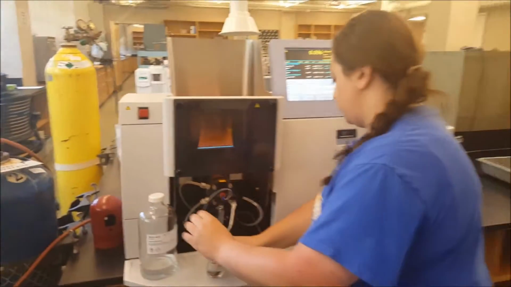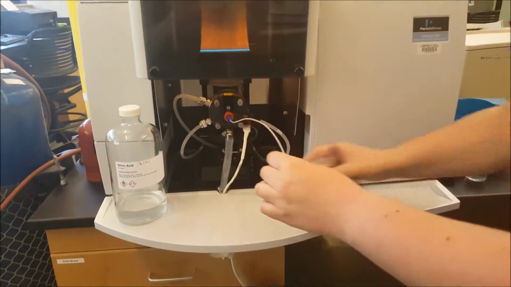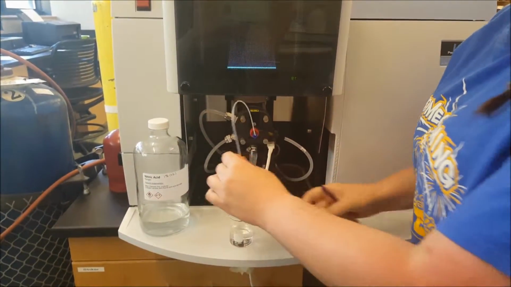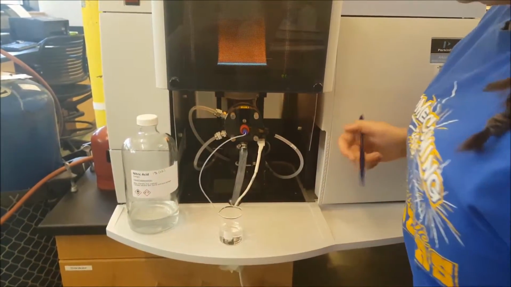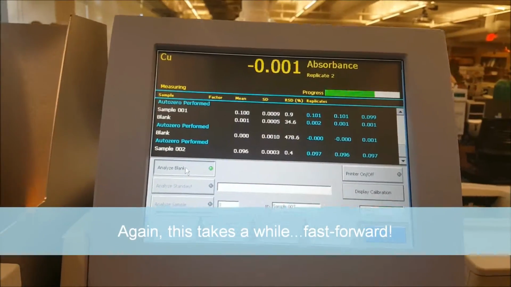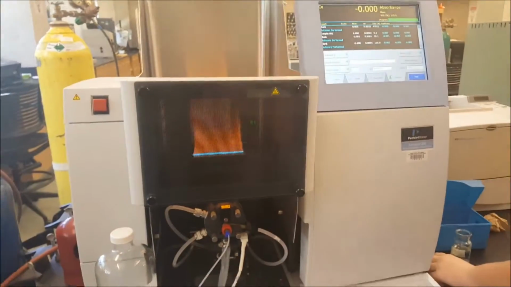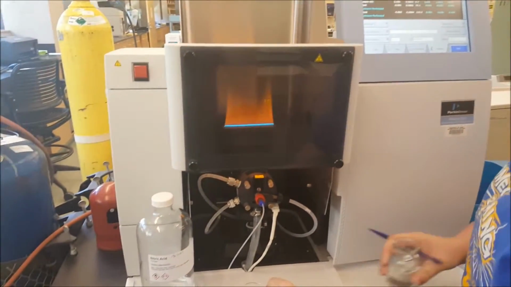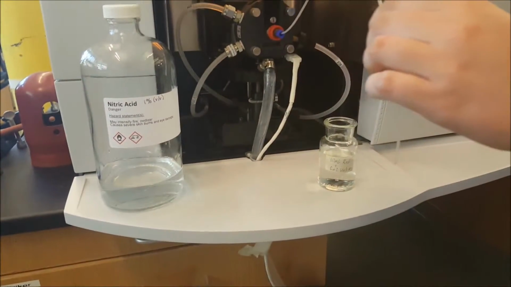Now we're going to take the capillary tube out. We're going to again analyze the blank before we run the next sample. Okay, we're going to press Analyze Blank, and this is going to go to 0 again. So now we have our next sample, which is at a higher concentration than our first one.